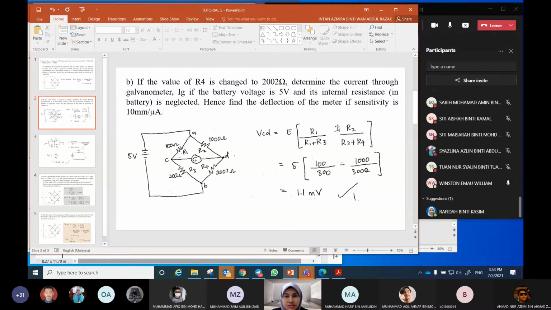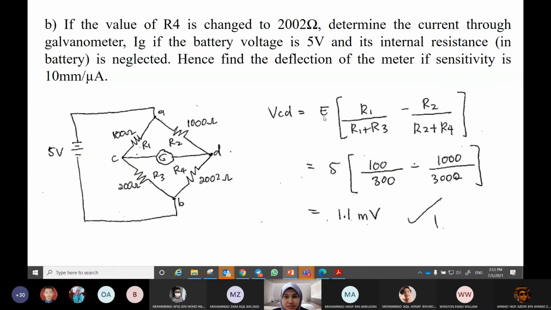This is the concept of voltage divider. Because I want to answer quickly, I called Wheatstone. Okay, so this is the concept of the voltage divider principle. So, let's say we use R1, we use the upper loop. So VR1 minus VR2.